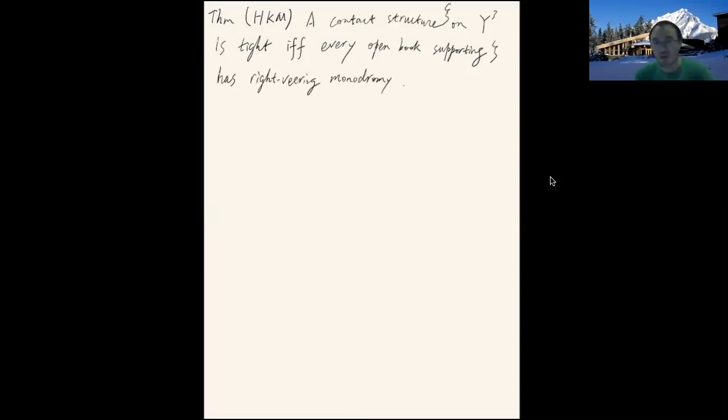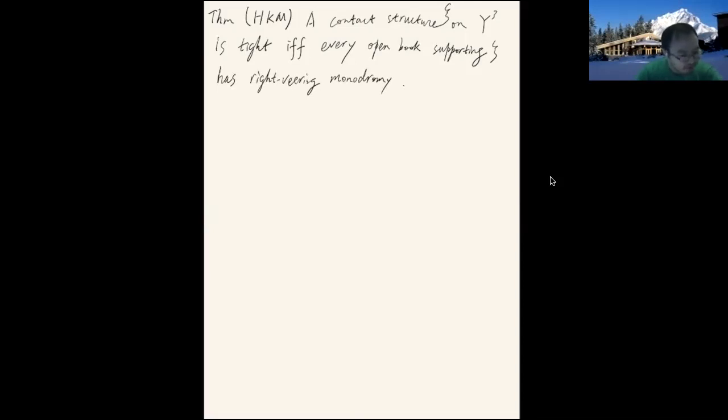So a contact structure C on Y is tight if and only if every open book supporting C has a right-veering monodromy. So this tells you this concept of right-veering is quite meaningful in geometry.